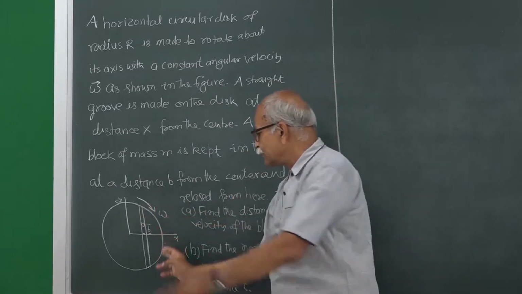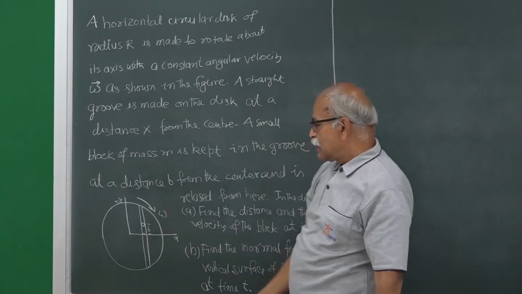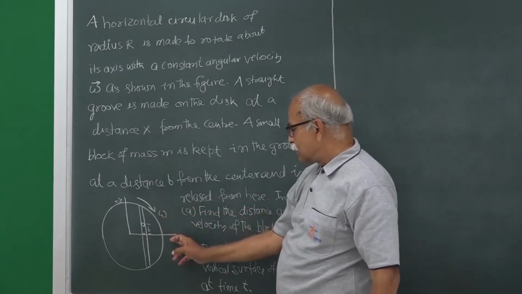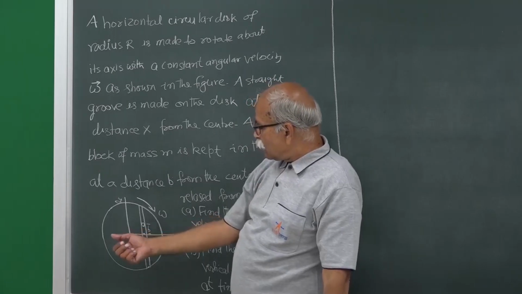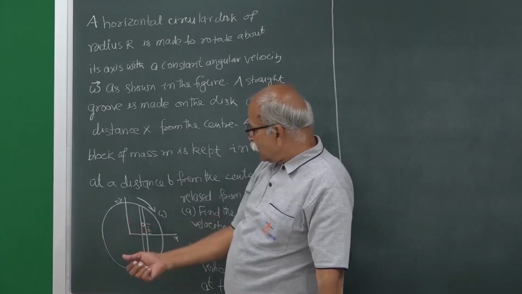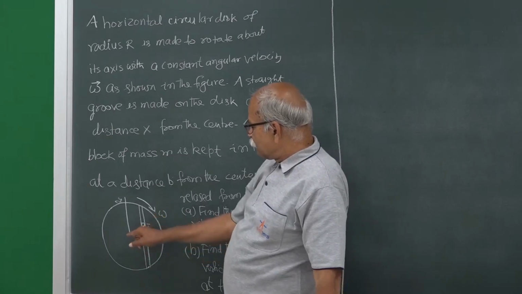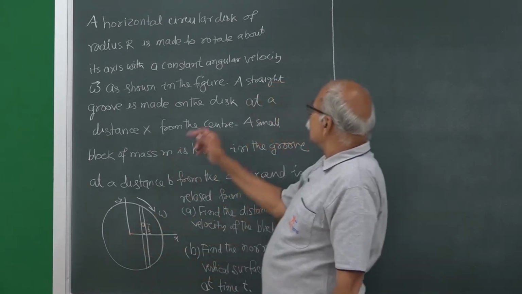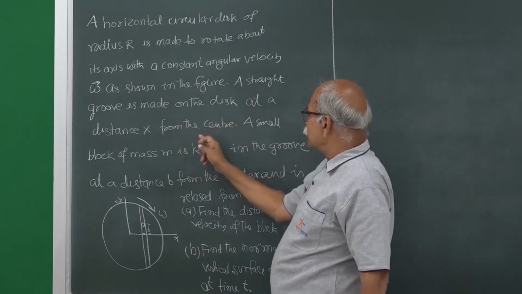So, it is going clockwise as seen by us, and you can work out that if this is x, this is y, the z axis has to be coming out of the board, and therefore, this will be omega in negative z direction. A straight groove is made on the disc at a distance x from the center.